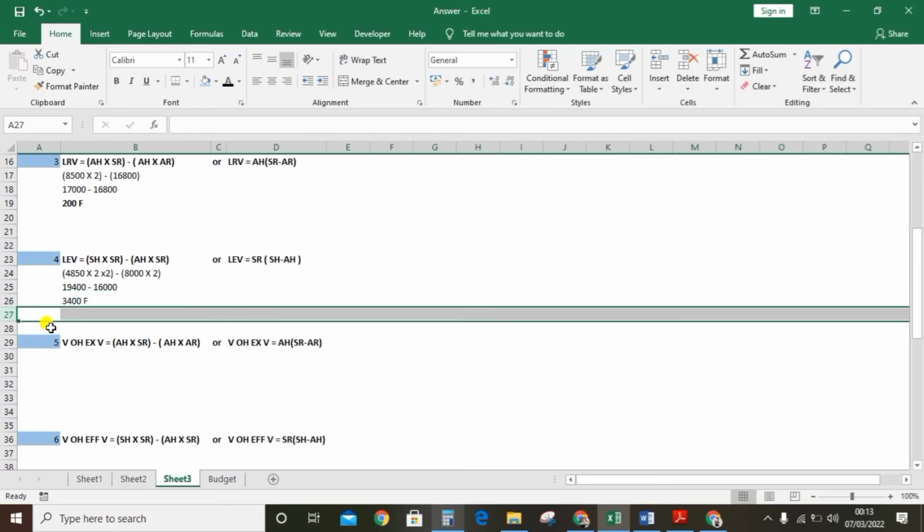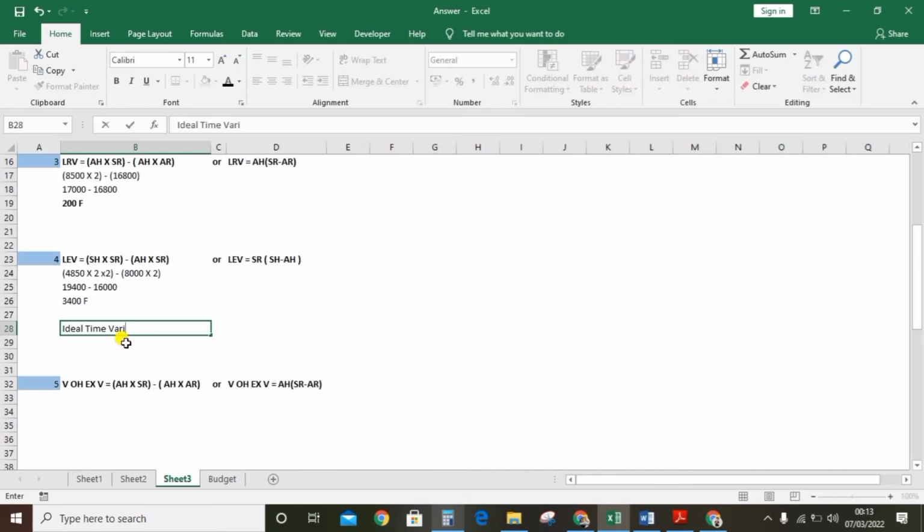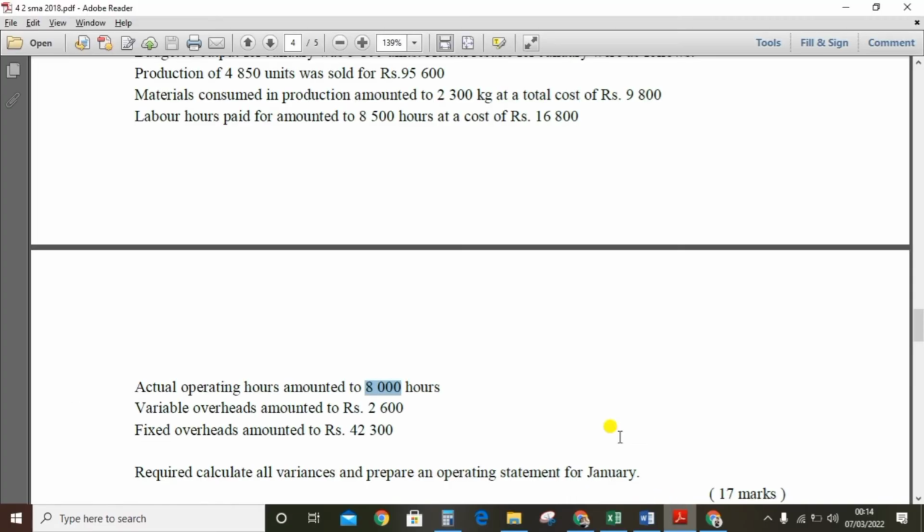Next variance, we need to calculate idle time variance. Idle time variance equals idle time into standard rate. Idle time as per the question paper, 8,500 minus 8,000, so 500 is idle time.